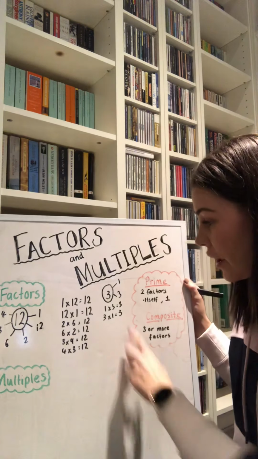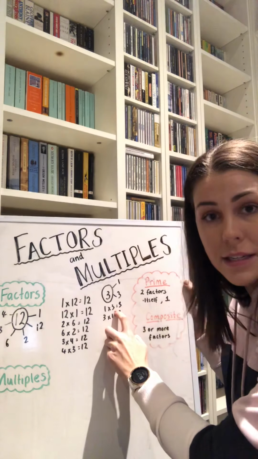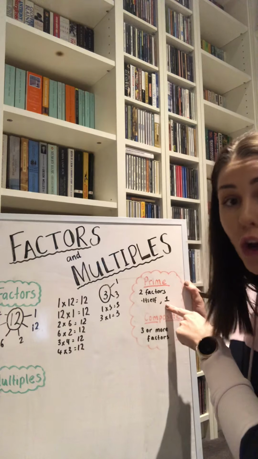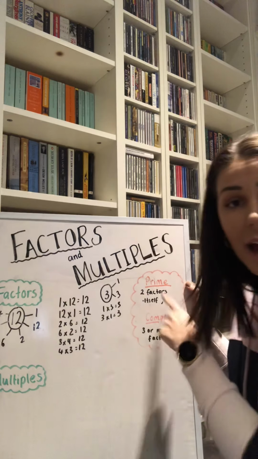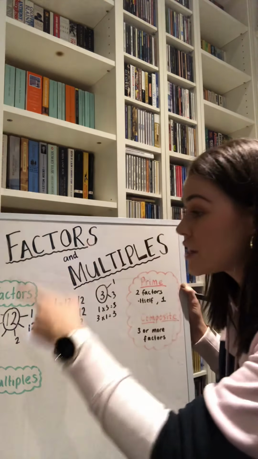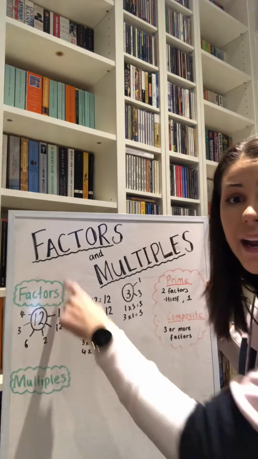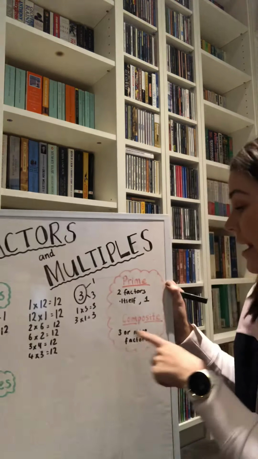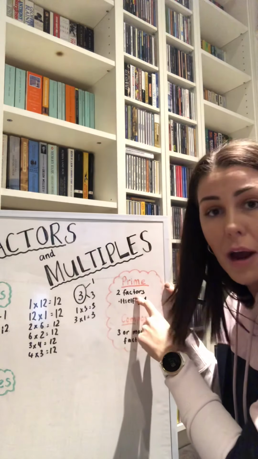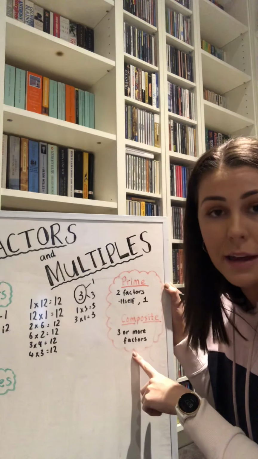But again, that's only 2 numbers. So 3 is an example of what we call a prime number. It can only be divided by itself and 1. Whereas 12, on the other hand, as you saw, had 6 factors. That is what we call a composite number. There are lots of examples of prime numbers and lots of examples of composite numbers.